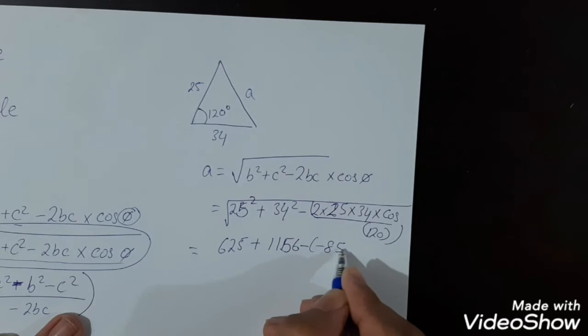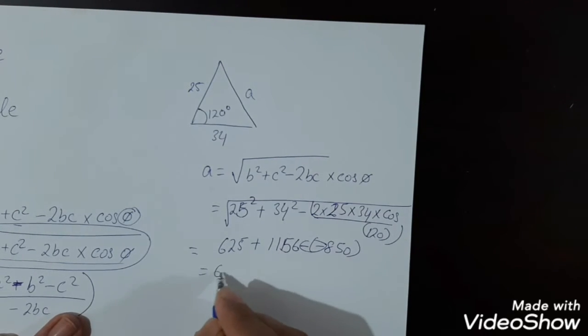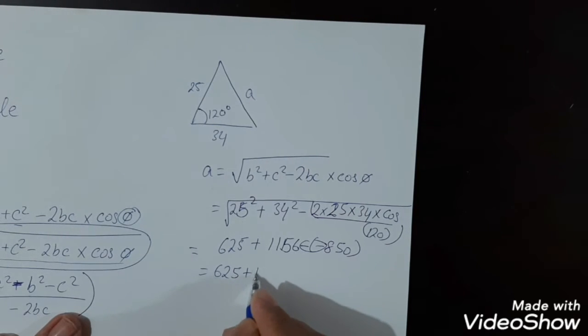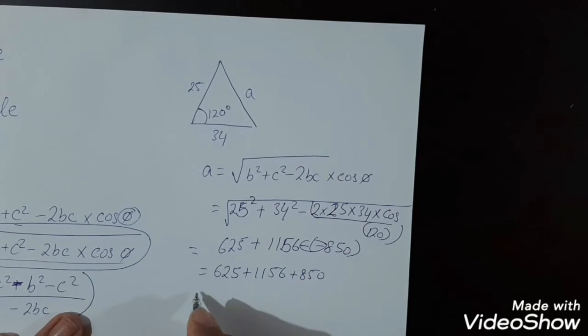Minus 850, so minus becomes plus: 625 plus 1156 plus 850.